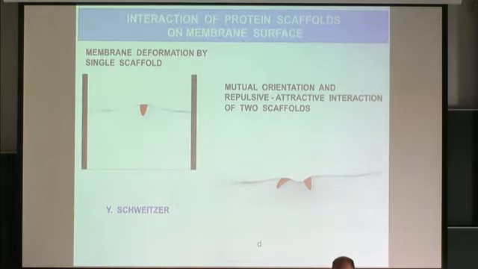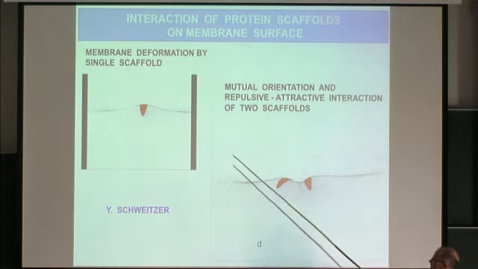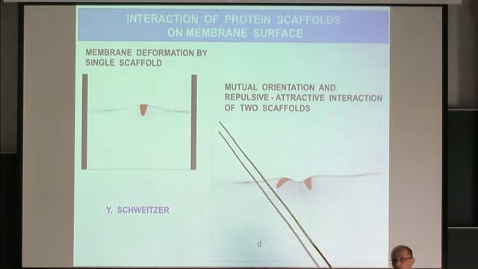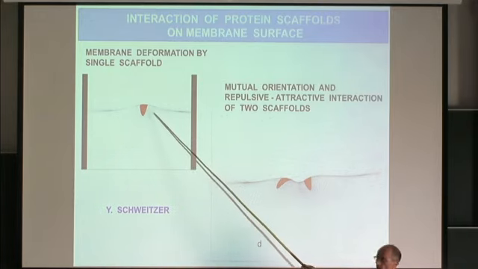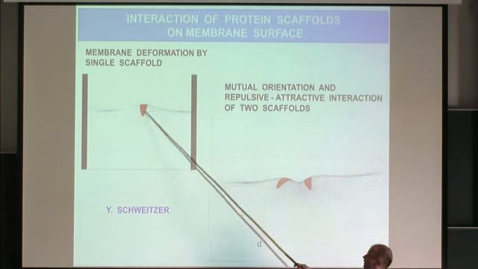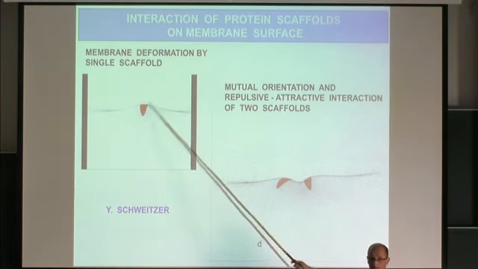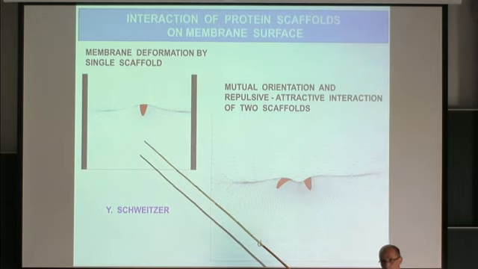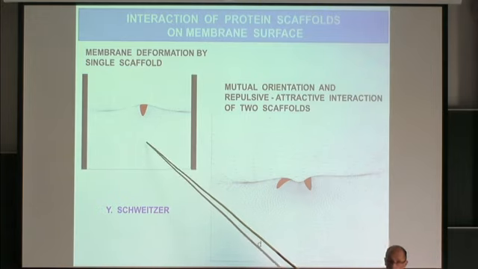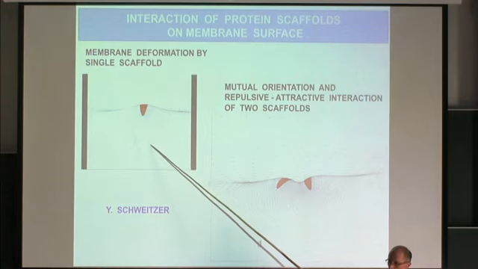And first we considered interaction between two such arcs on the membrane. We talked with Charlie in a little bit more detail about it, so I don't have time. But the idea is not new. One such arc on the membrane deforms the membrane around, and this deformation propagates all over the place. This can be computed based on Helfrich bending energy.